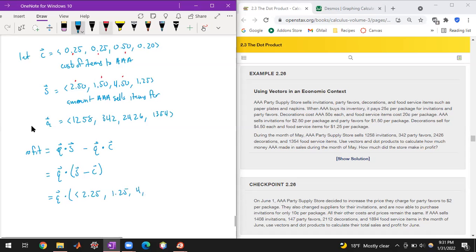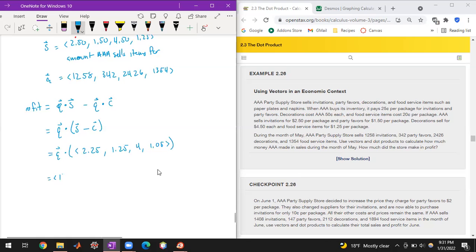For our fourth item, we have the $1.25 we're selling it for minus the 20 cents we paid for it. Now it's a very simple dot product of 1258, 342, 2426, 1354, dotted with 2.25, 1.25, 4, 1.05.